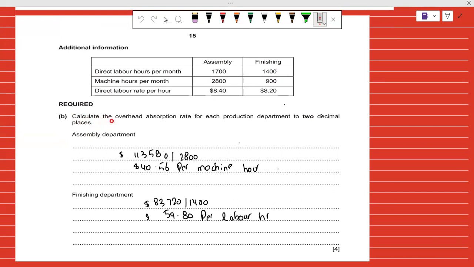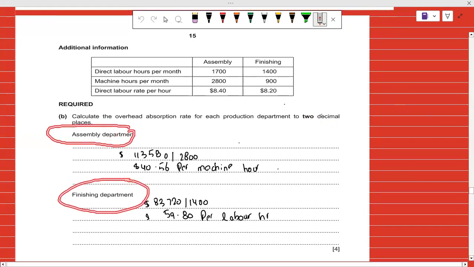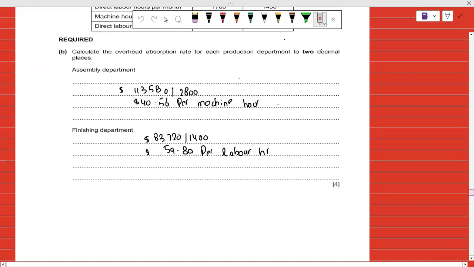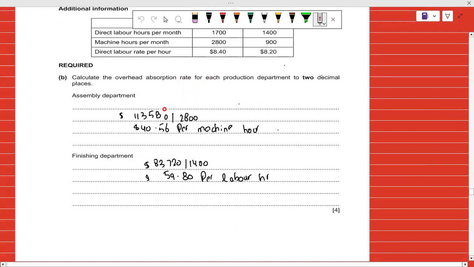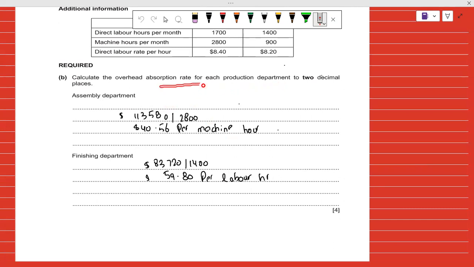Okay, so now calculate the overhead absorption rate for each production department to 2 decimal places, for the assembly department and for the finishing department. So now we are going to find the absorption rate.